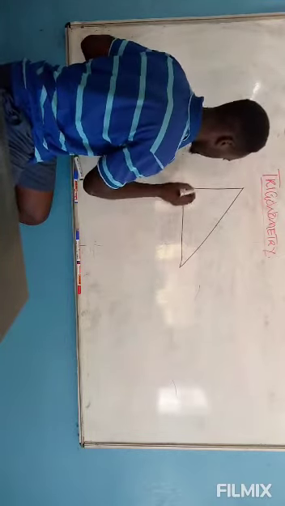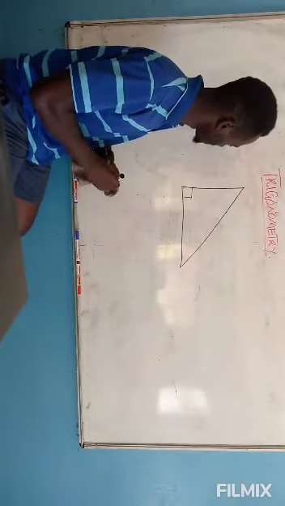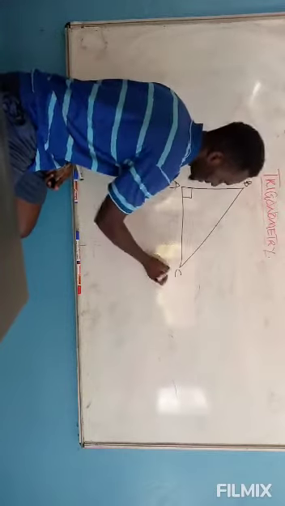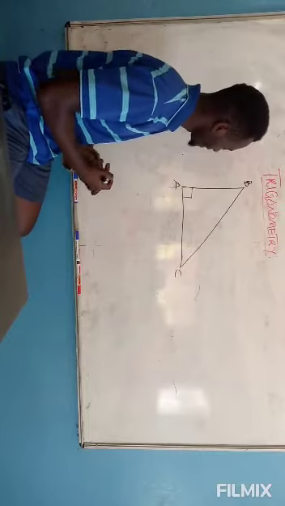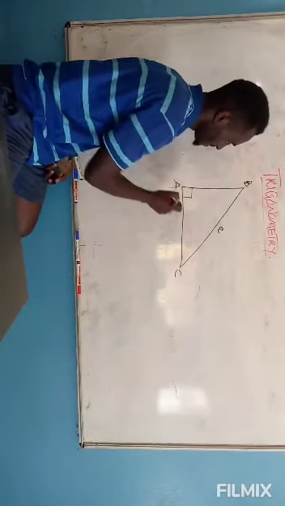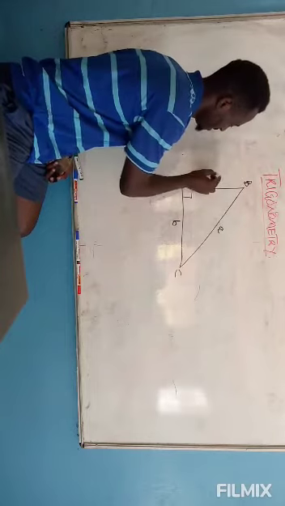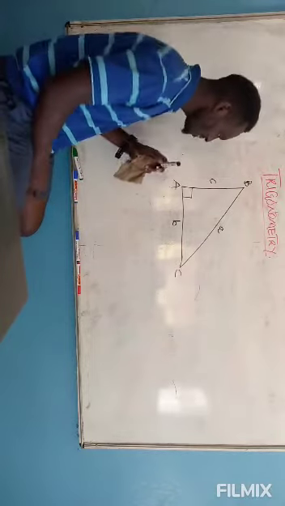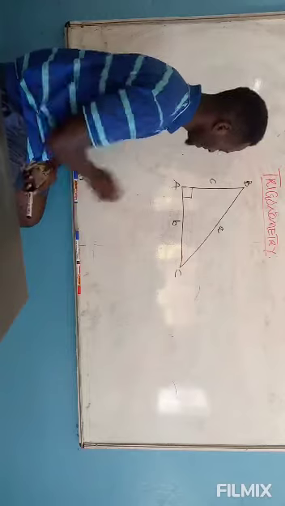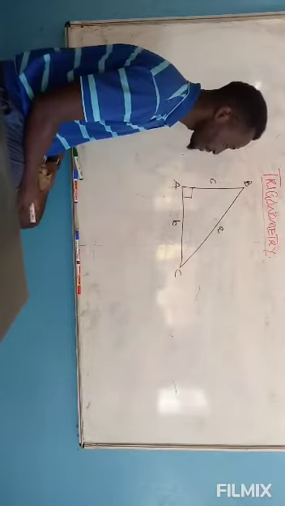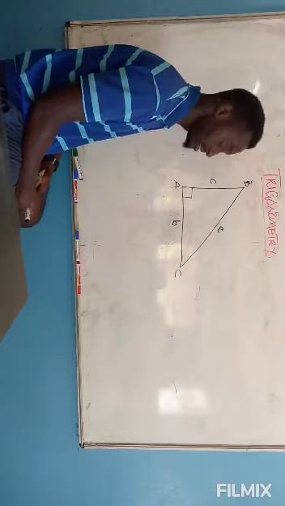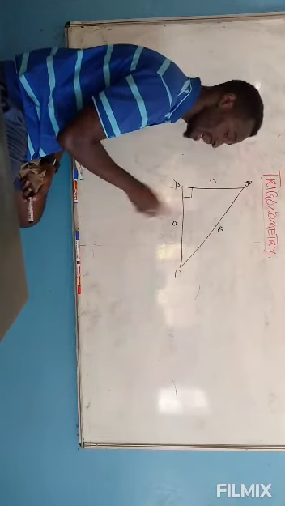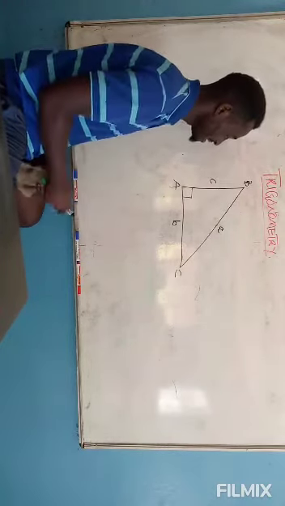I have my right angle there, and I'm going to call the sides A, B, and C. This side will be side A, this side will be side B, this side will be side C. This right angle triangle has three possible sides, and it also has three different angles.